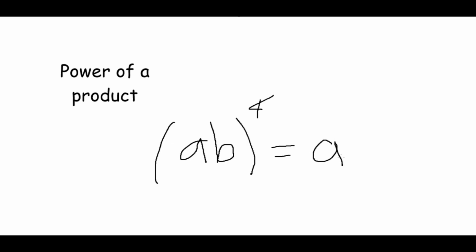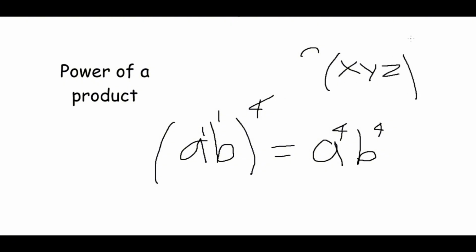So a to the 1 times 4 is a to the 4th, and b to the power of 4 is b to the 4th. Another example would be x, y, z to the power of 3, and we'll distribute all the powers to get x cubed, y cubed, and z cubed.